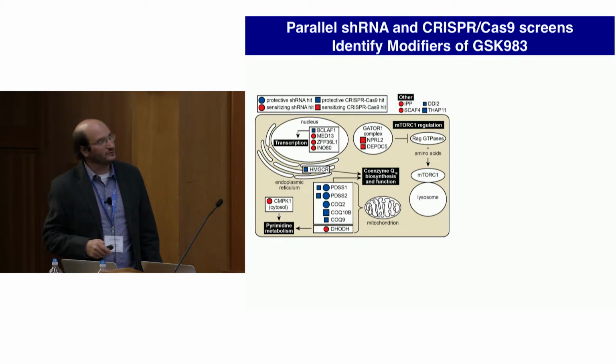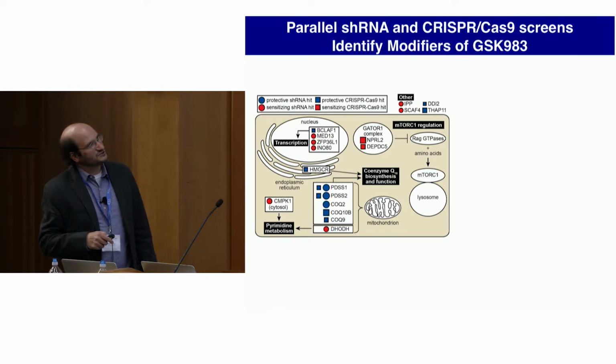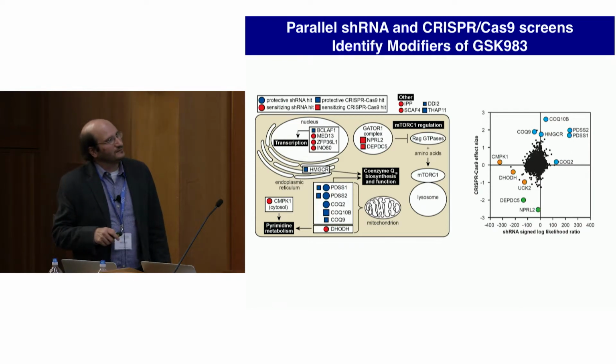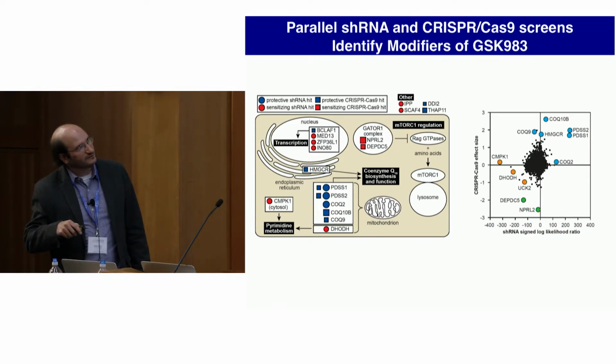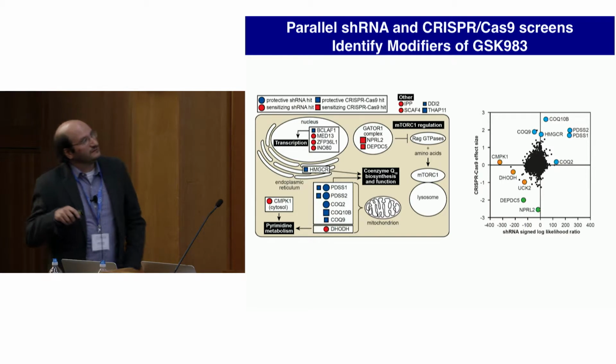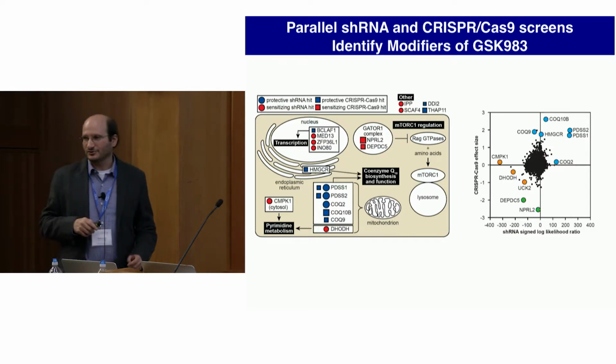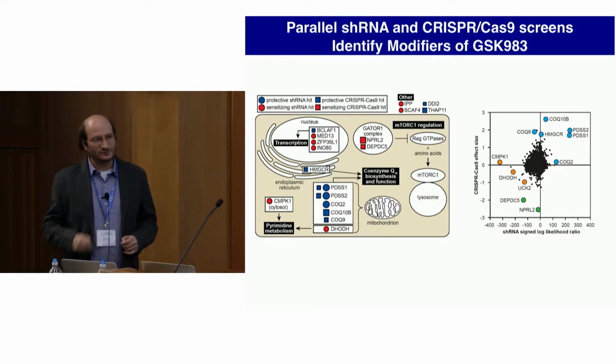So I'm going to cut through an enormous amount of work to describe what is really, I think, the most interesting part of this story. What I'm showing you in this plot here is the phenotype in the shRNA screen on this axis and the CRISPR screen on this axis. To make a very long story short, the target of this drug is this gene. It's DHODH, a critical component of de novo pyrimidine nucleotide biosynthesis.